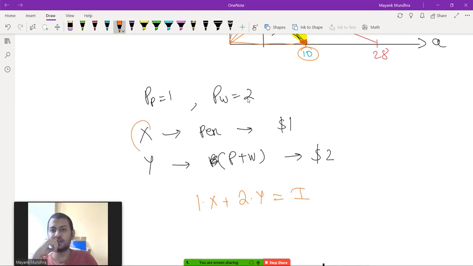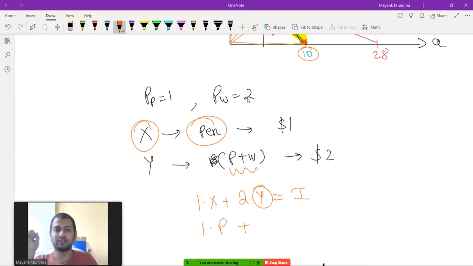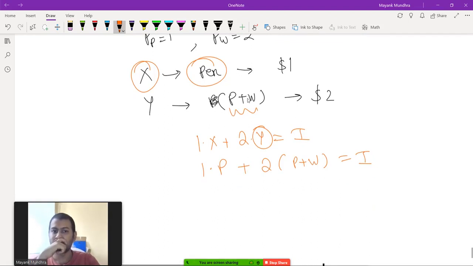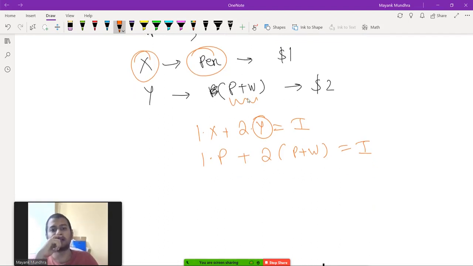Each unit of X is 1 pen, and each unit of Y is 1 pen plus 1 VT. So 2 times P plus W equals I. The entire thing becomes 3P plus 2W equals I.